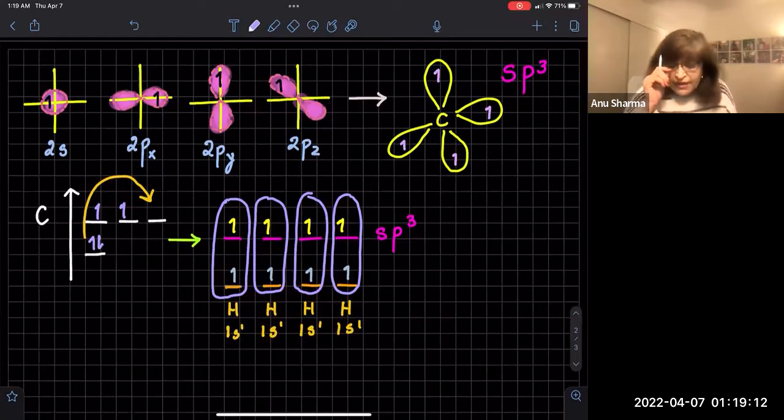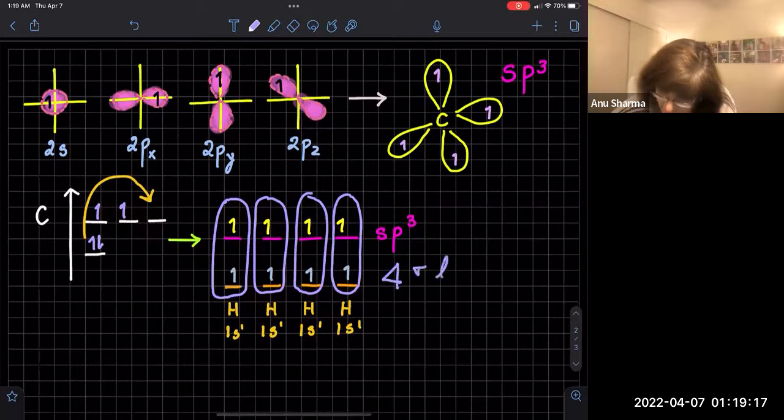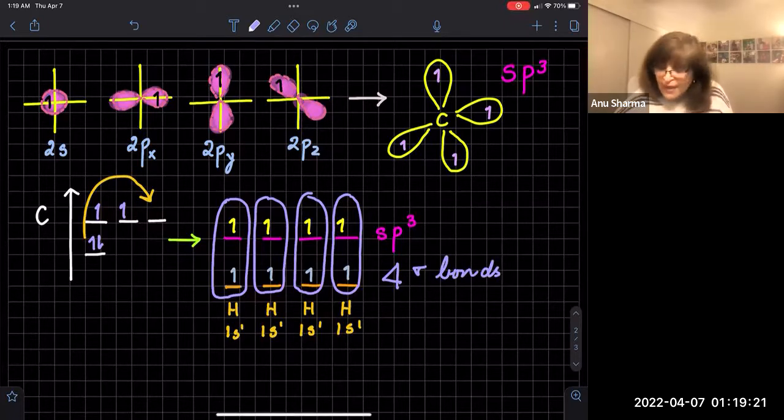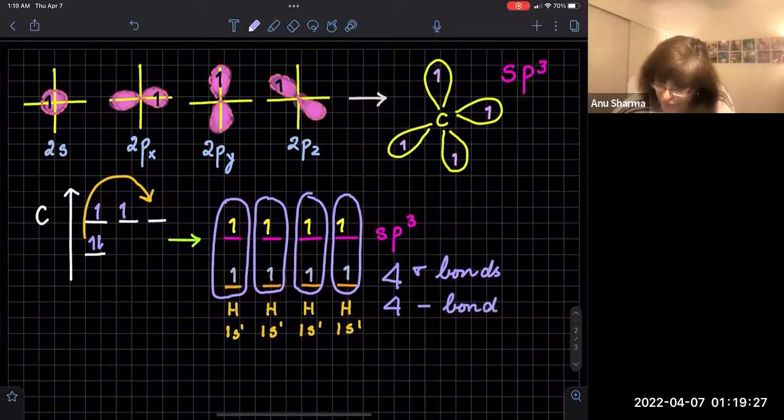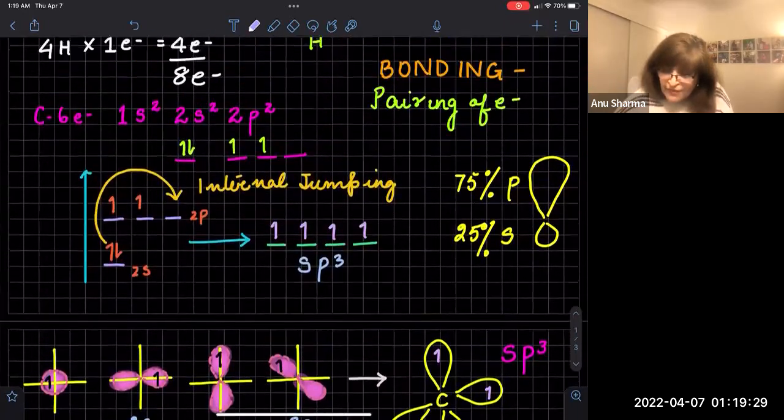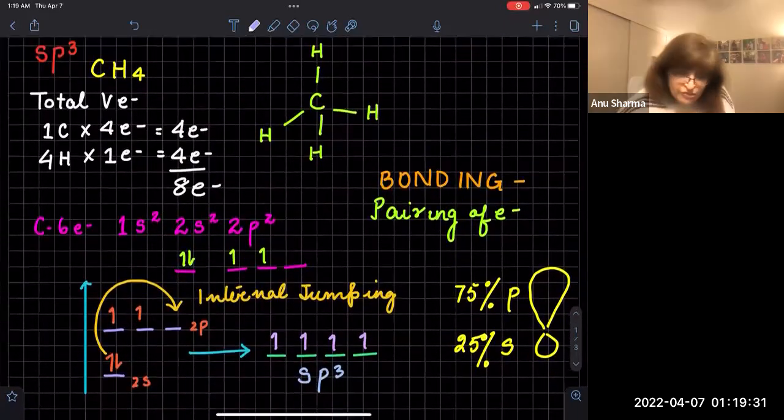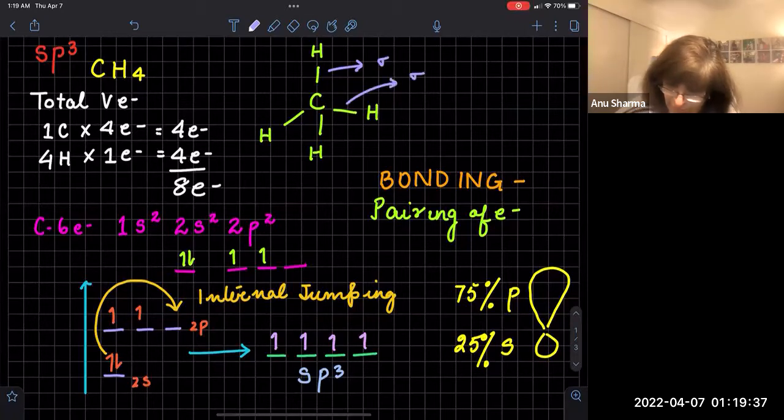Okay, so this way, 4 sigma bonds are formed. In other words, it's a lateral overlap, and it's just a single bond, or in other words, 4 single bonds are formed. Okay, so here also, like we said, look at the Lewis structure and then count the sigma bonds. So this is 1 sigma bond, 2nd sigma bond, 3rd sigma bond, and 4th sigma bond.